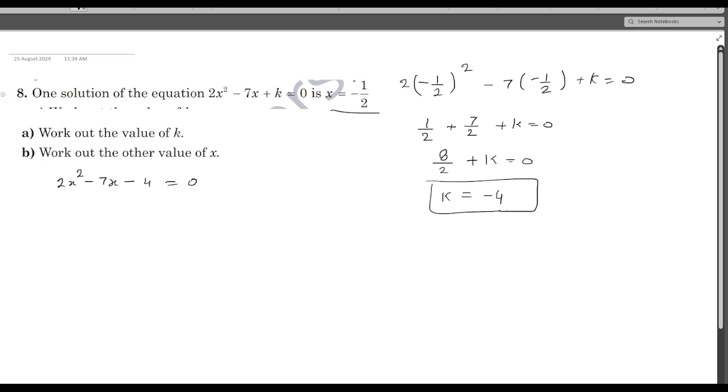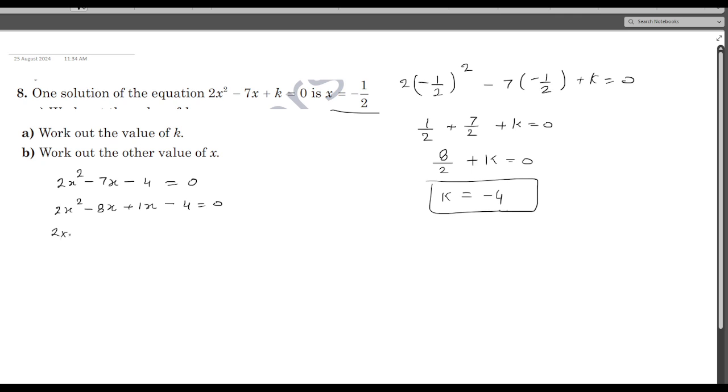I have to find the other solution. Now we can factorize it. So 2 times minus 4 is minus 8. The split of minus 8 will be minus 8 plus 1. So minus 8x plus 1x will give minus 7x. Product is minus 8. So we will split like this.